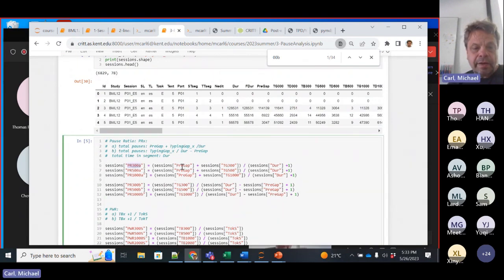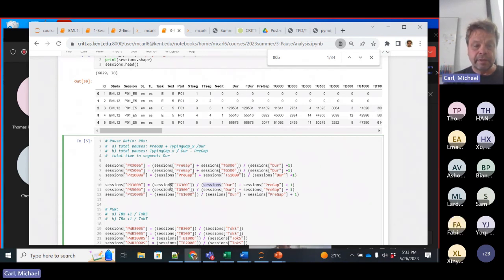So this PRA here would be the assumption that the pause contains the first reading or the orientation before starting typing. And this B would be another way of looking at it. We subtract this pre-gap from the duration, and we only take these pauses that are in between these bursts.